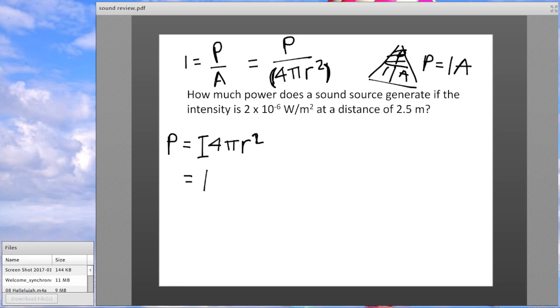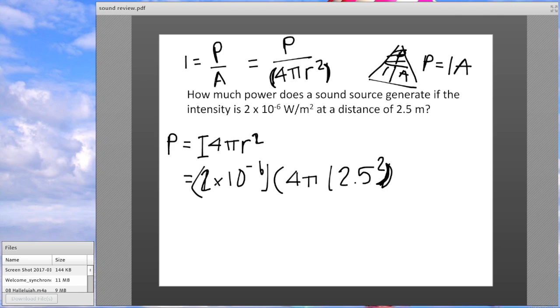Okay, so I'm going to do 2 times 10 to the negative 6 times 4 pi times 2.5, that's our distance, squared, in a parenthesis, and then I'm going to put up my calculator.